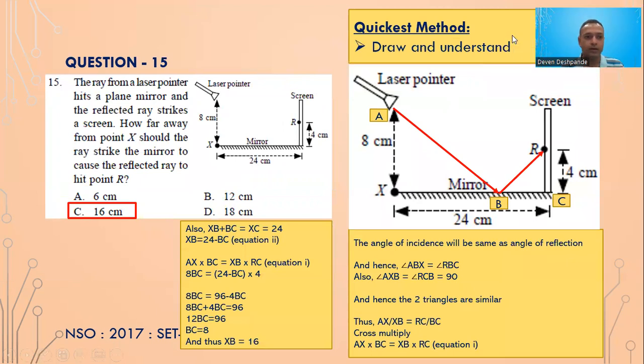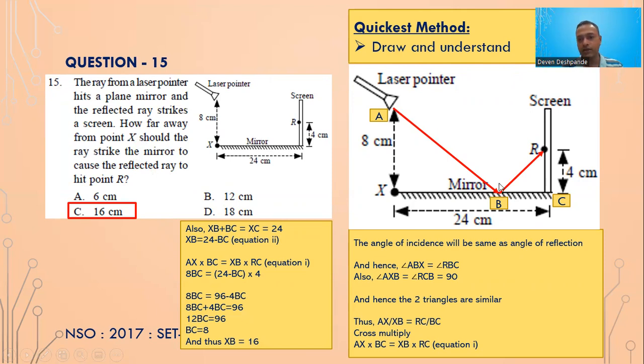Okay, next one. The ray from a laser pointer hits a plane mirror and the reflected ray strikes a screen. How far away from point X should the ray strike the mirror to cause the reflected ray to hit point R? So the ray goes like this and is reflected and strikes point R, isn't it? So you have to start a drawing.